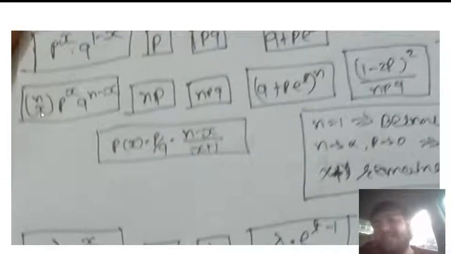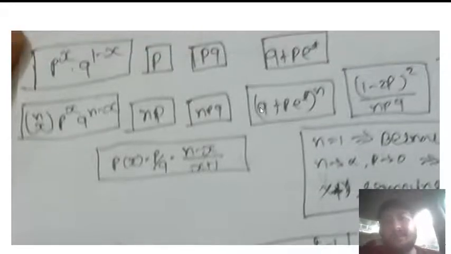Then we move forward to the binomial distribution, nCx into p raised to x q raised to n minus x. Just compare it to the Bernoulli distribution; it will help you remember both together.